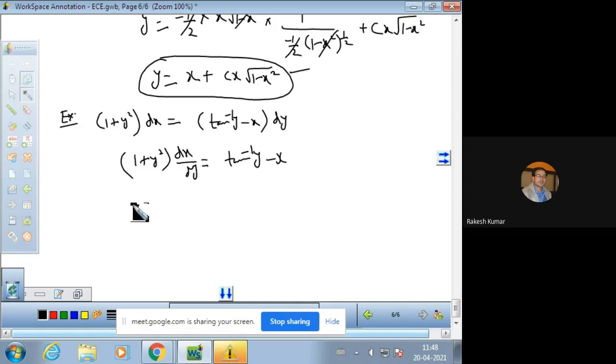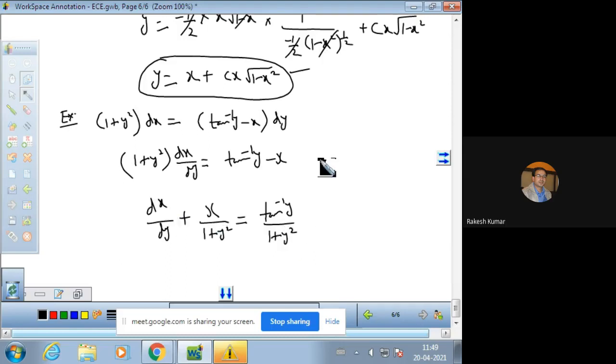Dividing by 1 plus y square, so dx over dy plus x upon 1 plus y square is equal to tangent inverse y over 1 plus y square.